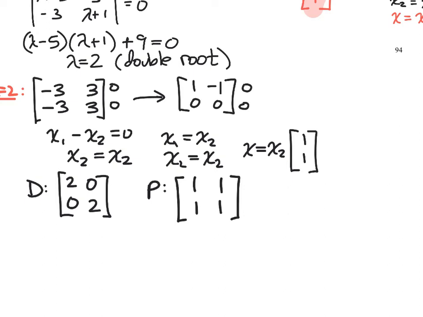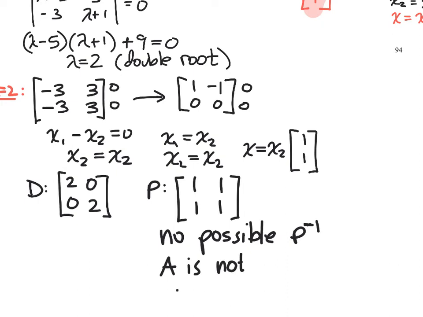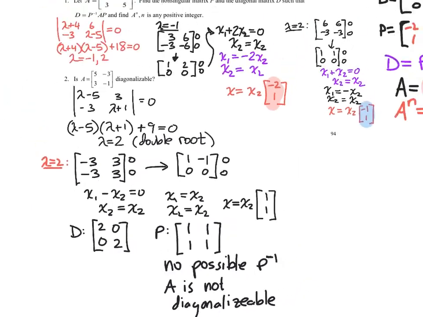All right, so there's no possible P inverse. And so what that tells me is that A is not diagonalizable. All right, it's not diagonalizable.